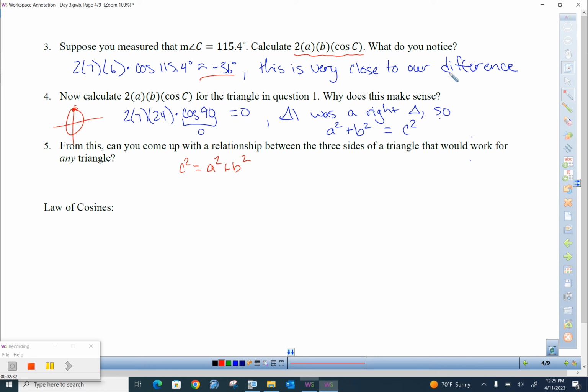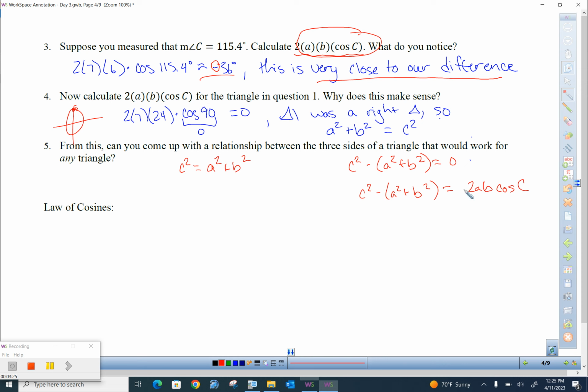So I had some people in class rearrange this a little bit to say, well, this is the same thing as saying the difference between those values is 0 for a right triangle. And then from this, it was very close to our difference, and this difference was represented with this equation. I could say c squared minus that is equivalent to the 2ab cosine. But it wasn't exactly equal, it was close to, because this was a negative, whereas the other version that we came up with was a difference of a positive.